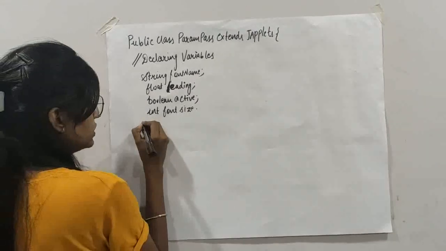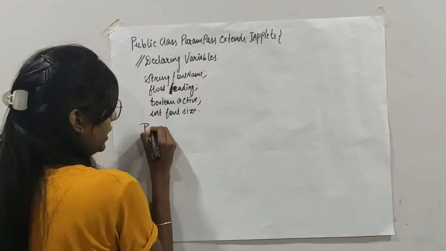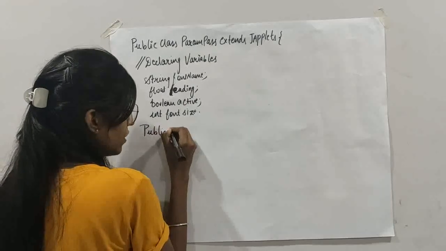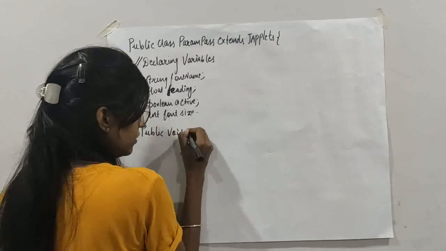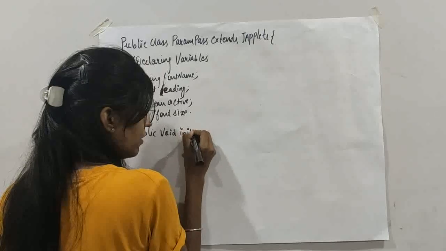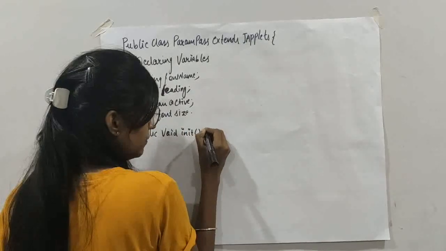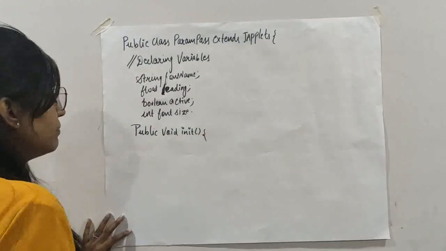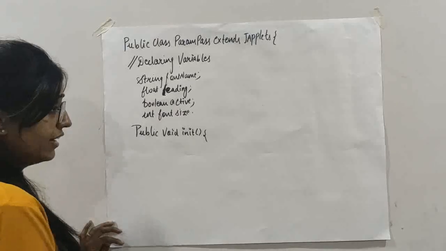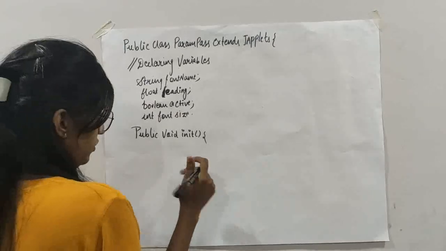Now we use the init method: public void init. In this method we set the background color and the foreground color.